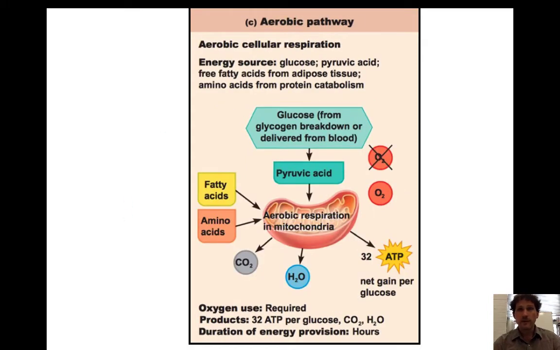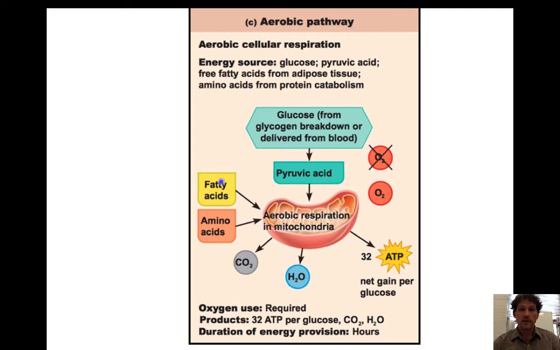Now the best pathway here is the aerobic pathway, and this is what you've probably spent a lot of biology classes studying, our aerobic cellular respiration. Our energy source can be glucose, but it can also be pyruvic acid, fatty acids, non-carbohydrate sources, okay?